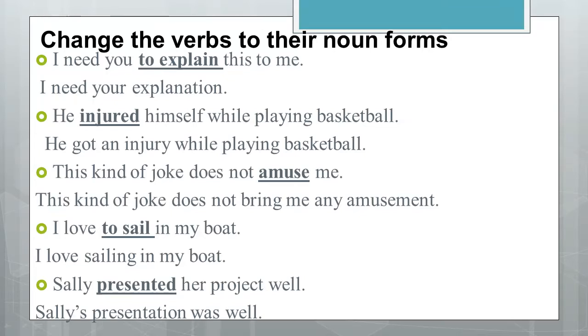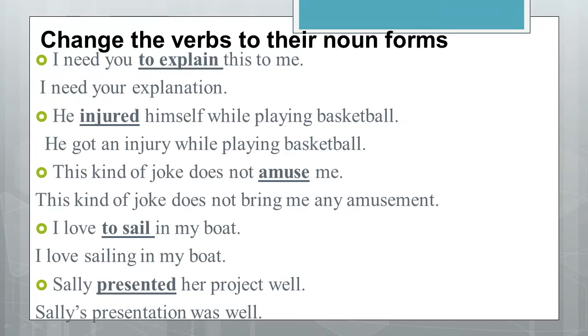When the verb is in a sentence and we change it into a noun, it changes the whole structure of the sentence. In these examples, you will see how changing a verb into a noun changes the whole sentence, and you are asked to change these 5 sentences.